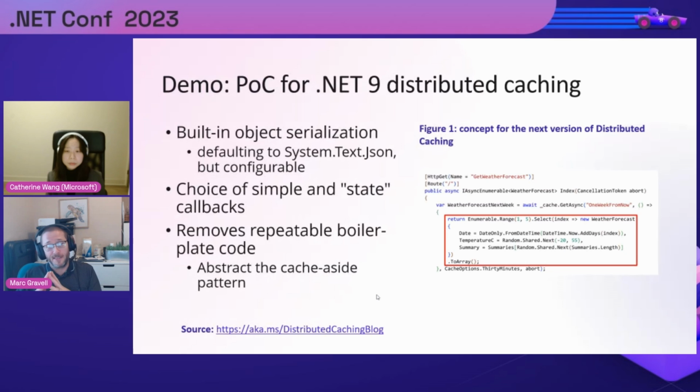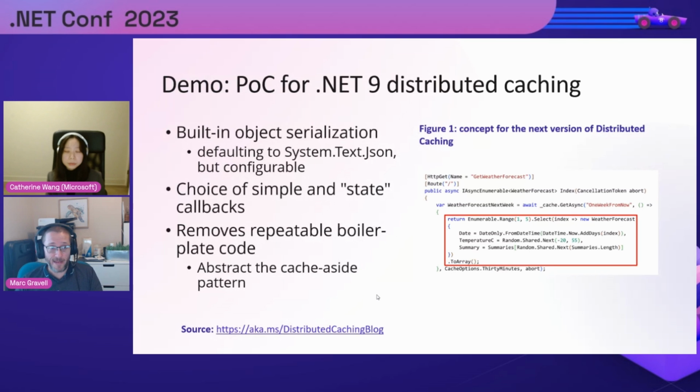And have the system itself deal with all the steps such as serialization and deserialization, while also leaving that configurable, but with sensible defaults. So we'll use System.Text.Json by default, but have options to use things like protobuf or any other serializer that you want.